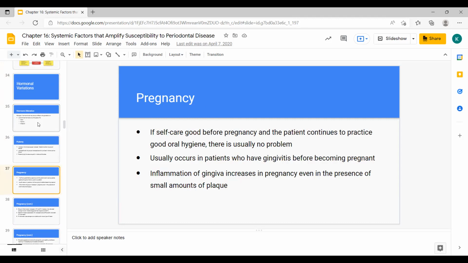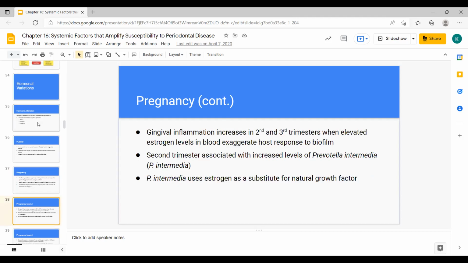Usually patients who have pregnancy gingivitis already had gingivitis, but sometimes you will see more inflammation during pregnancy. I'd say a lot of times you see more inflammation during pregnancy because people don't feel good, so they don't want to brush their teeth. But gingival inflammation usually increases in the second and third trimesters when elevated estrogen levels in the blood exaggerate host response. Second trimester is associated with increased levels of Prevotella intermedia.